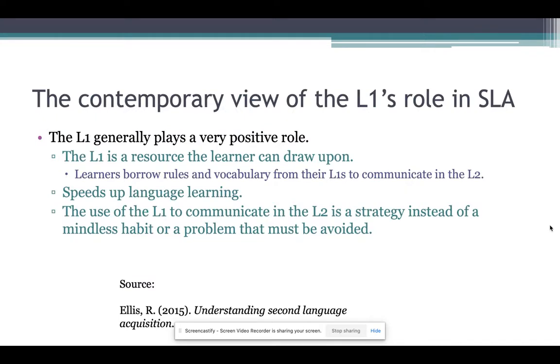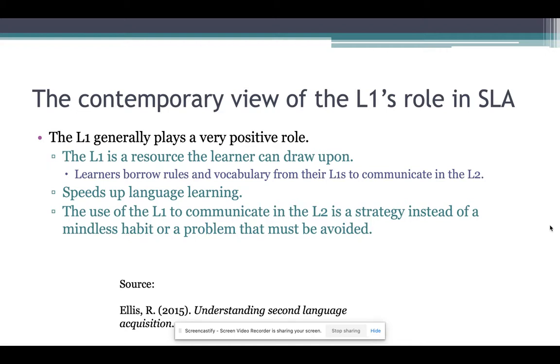The current view on first language in SLA is that it generally plays a very positive role. When the two languages are very similar, learners can successfully borrow rules and vocabulary from their first languages to communicate in the L2. Pardon me while I use the terms L1 and L2. L1 is the first language, L2 is the second language.